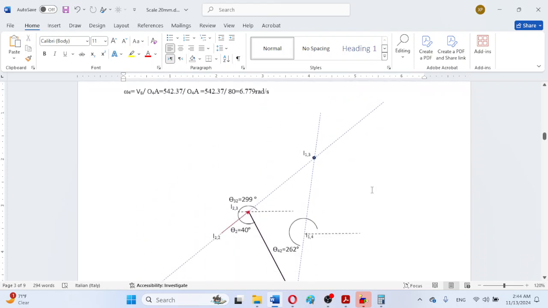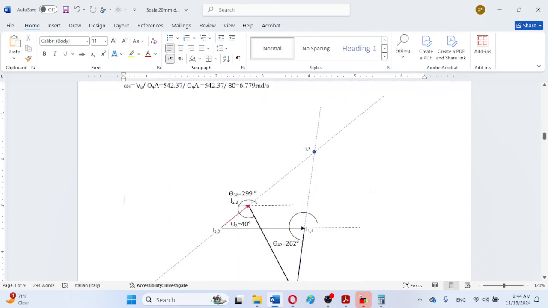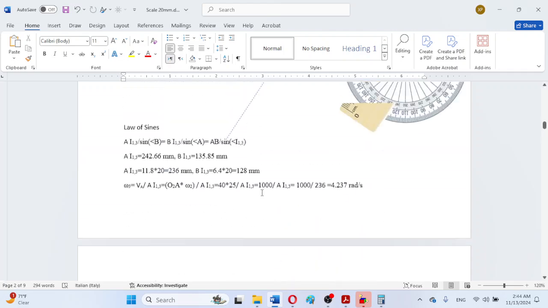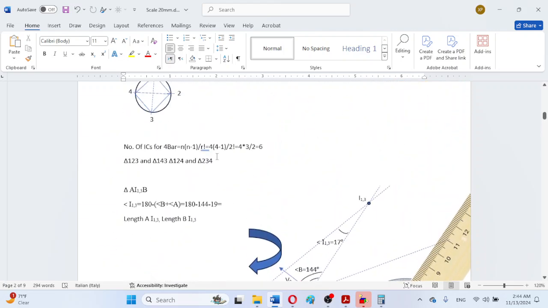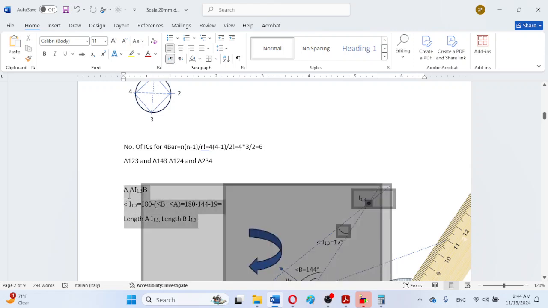Now I will be copy pasting the same data here.